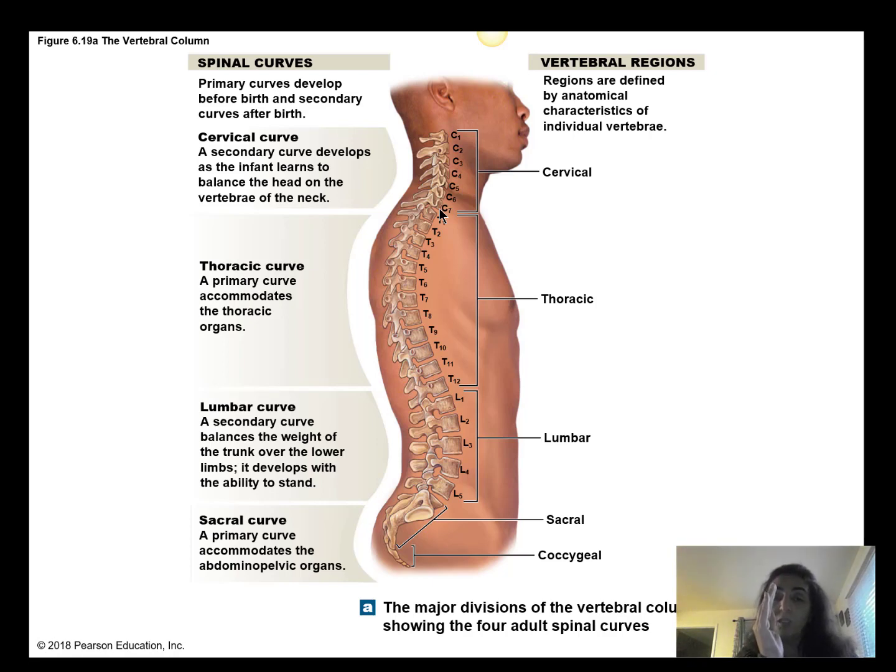That is a secondary curve, and we call it a lordotic curve. And the same is also true for the lumbar area: the lumbar curve is formed after a while when the person is standing and starts walking, around between the first and second year, right? So that is another lordotic curve, and that is the other secondary curve.